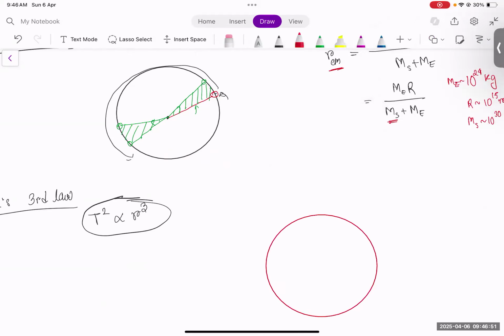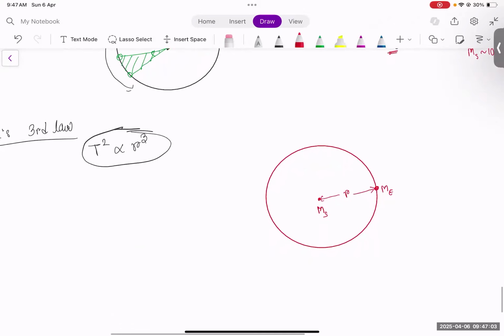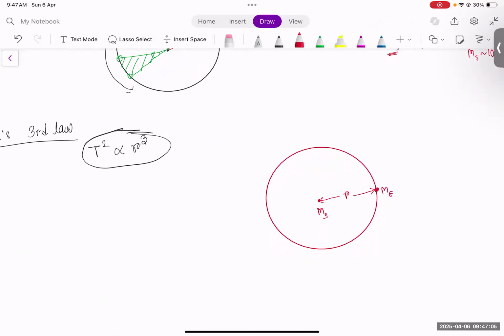So in the sun's case, the sun is very massive. So the sun is almost stationary at the center, and the sun to earth distance is r, and here is earth moving around. Let's say earth's velocity is v. For velocity v, I need a centripetal force.